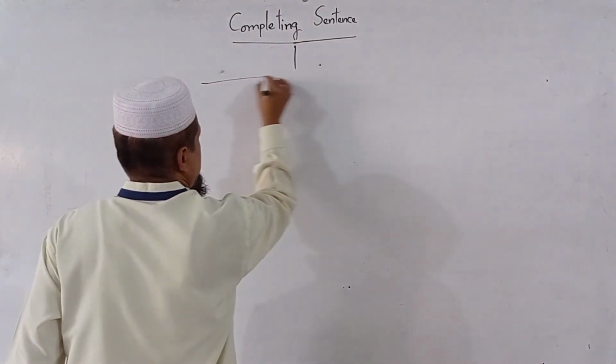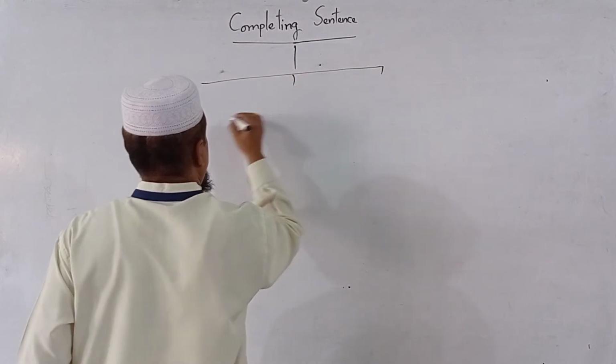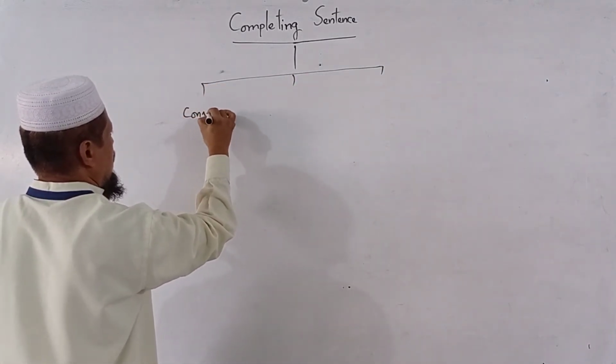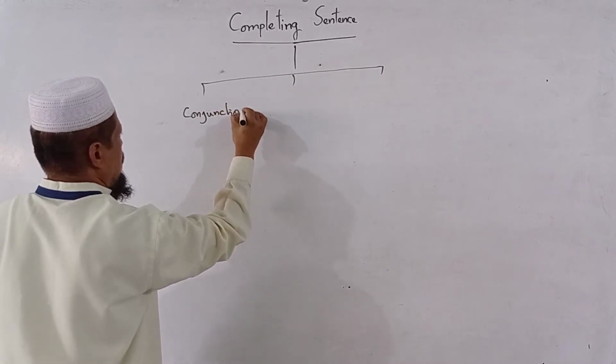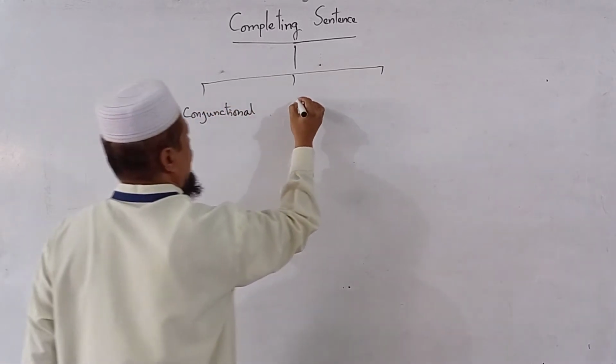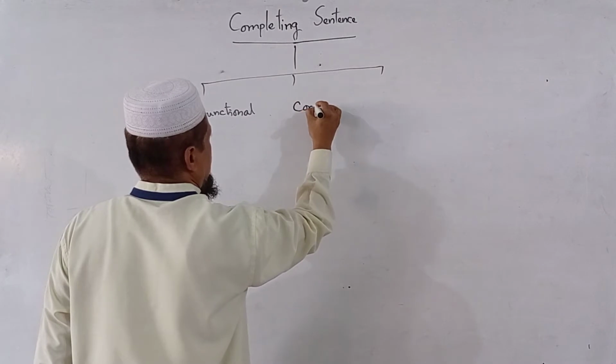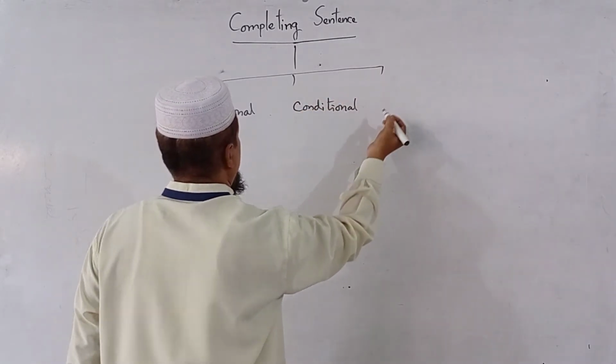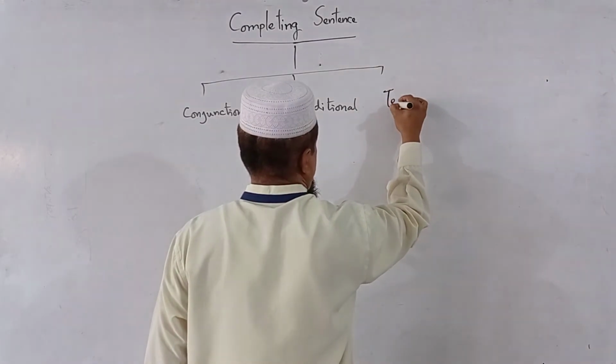Completing sentences are of three kinds: one is conjunctional, conditional, and tense based.